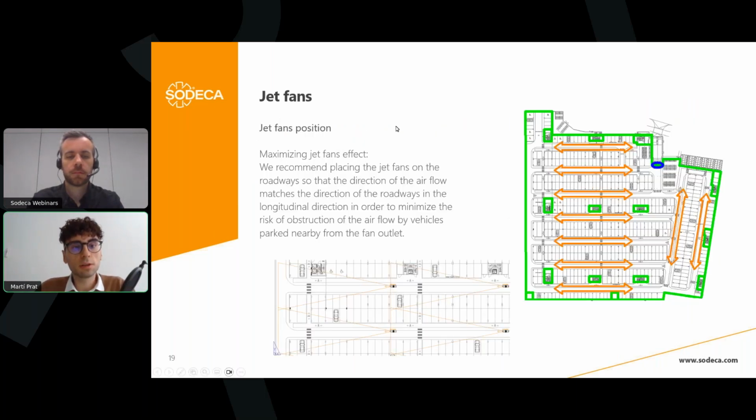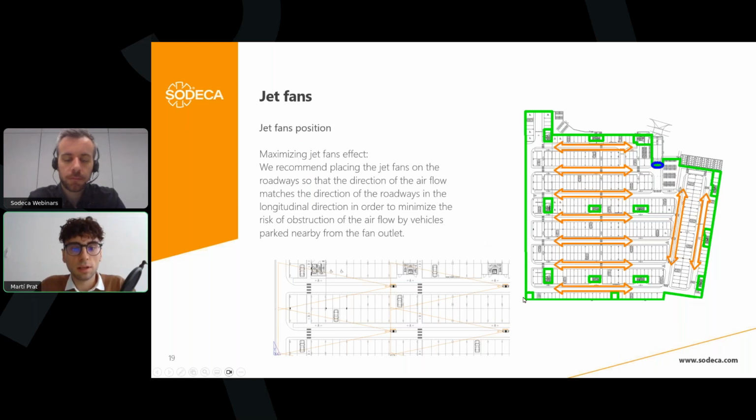For the jet fans position, it is highly recommended to always install the jet fans across the roadways. This way, you are maximizing the jet fans effect and also avoiding any obstacle that you could have in these middle areas where there are cars and columns that can be an obstruction for the jet fan.